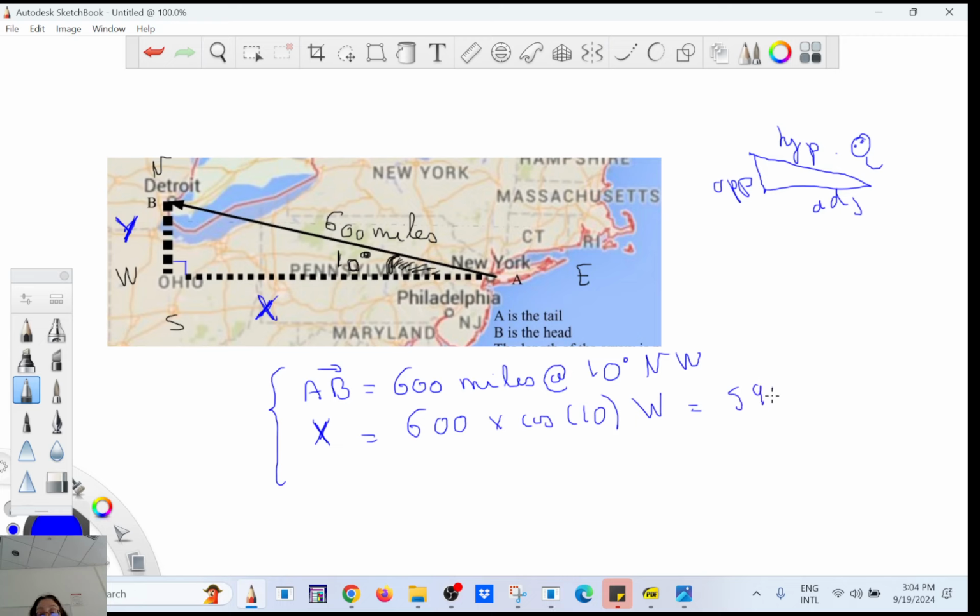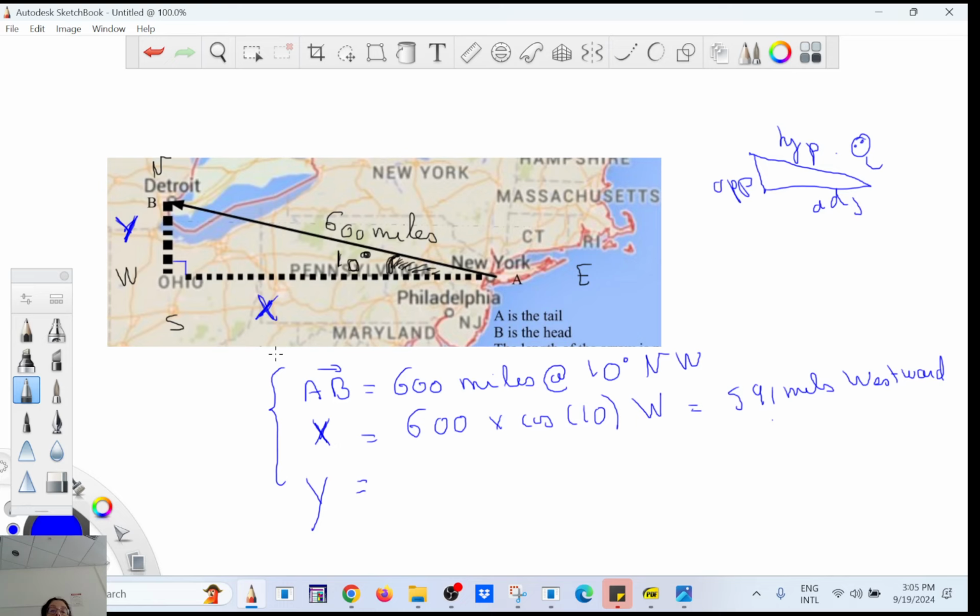What does it mean? It means that you went 591 miles west. I should put the unit here, right? 591 miles west, so westward. Okay, I'm good. I didn't cross the border with what? What did we say? Illinois? Indiana. Thank you.